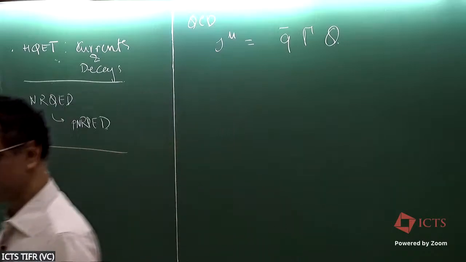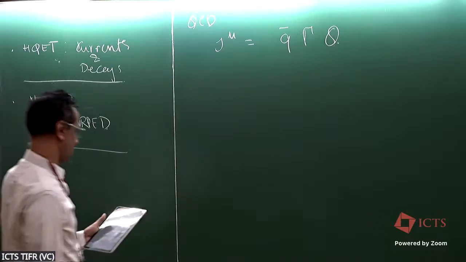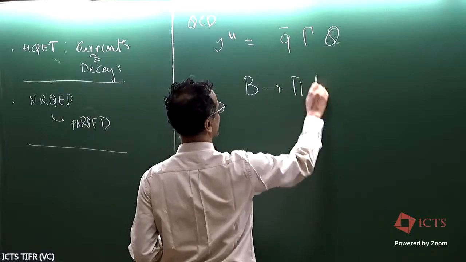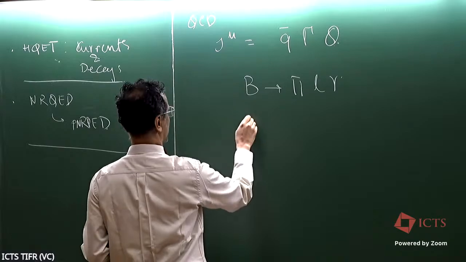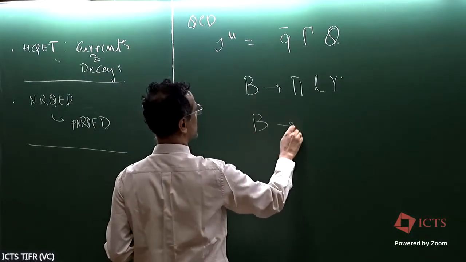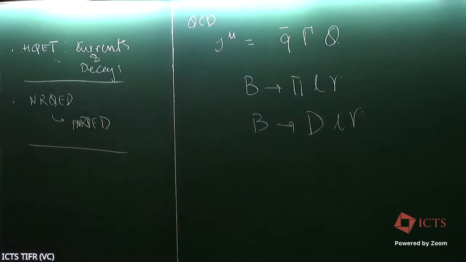The reason to study these currents is that we know that, for example, processes like B to pi l nu, or some process like B to D l nu, will be governed by these electroweak currents, right?